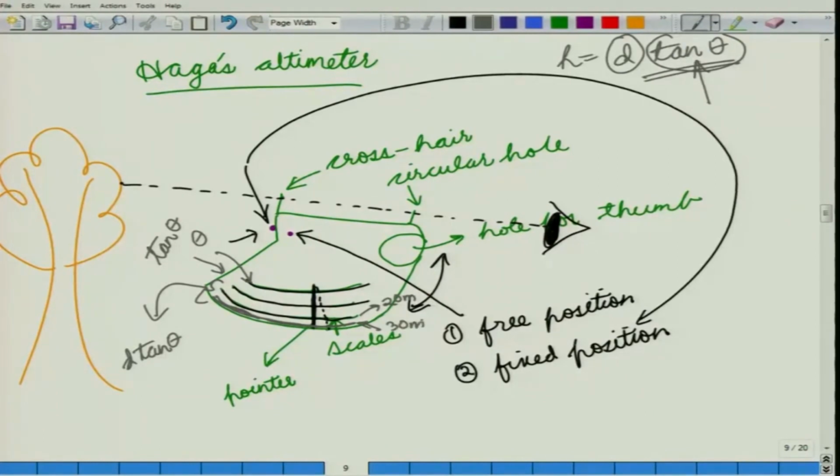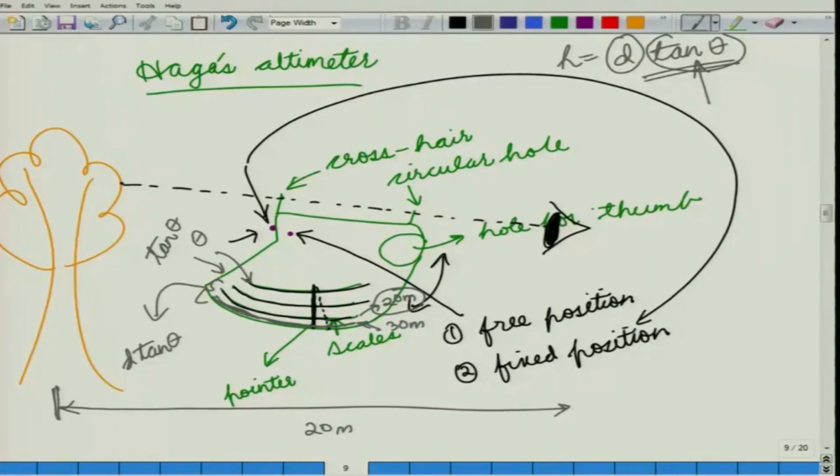To use this instrument, you would take your position from the base of the tree such that this distance was 20 meters. Once you have done that, when you take the readings from this device, you can look at the scale of 20 meters and you will directly get the height.